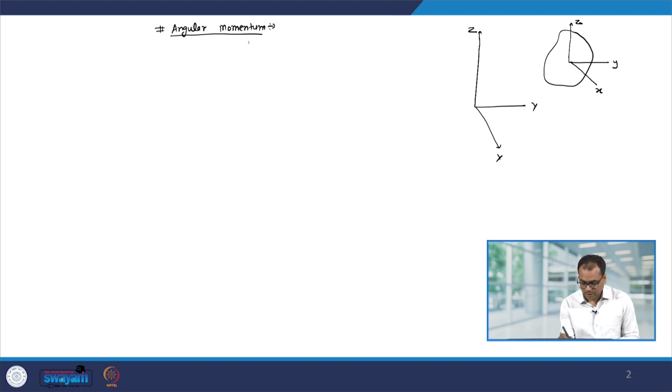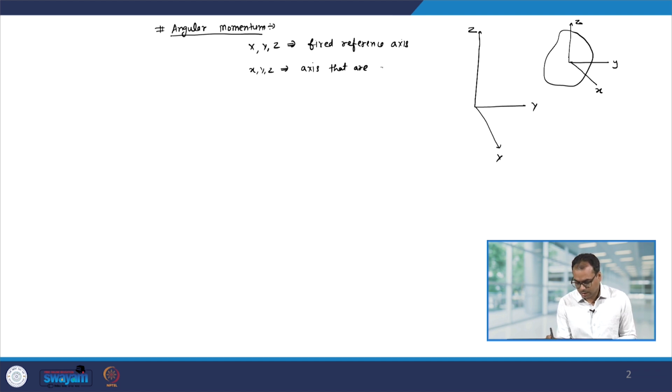So, capital X, Y and Z are the fixed reference axis, and note that this rigid body is making a general plane motion. So, small x, y, z are the axes that are attached to the body, and let us say their origin is at the mass center of the rigid body. So, this is G.